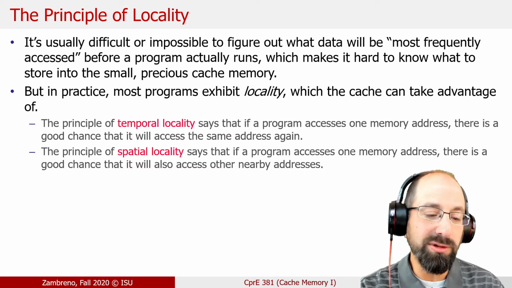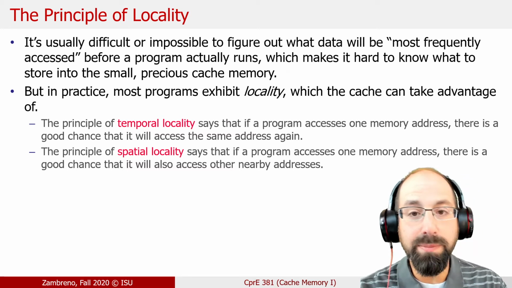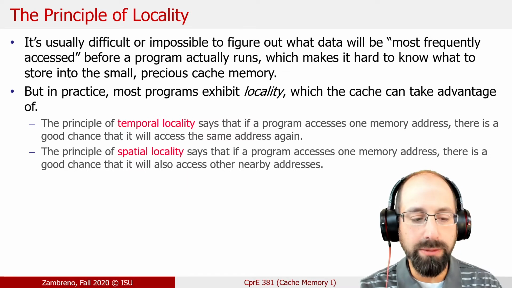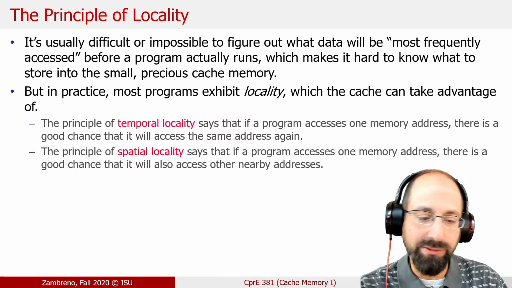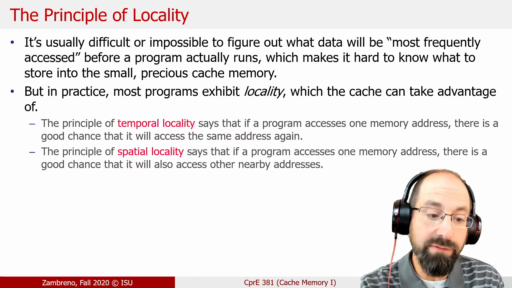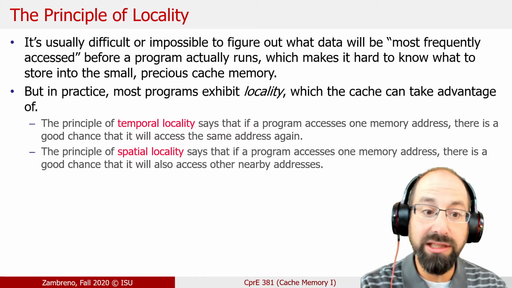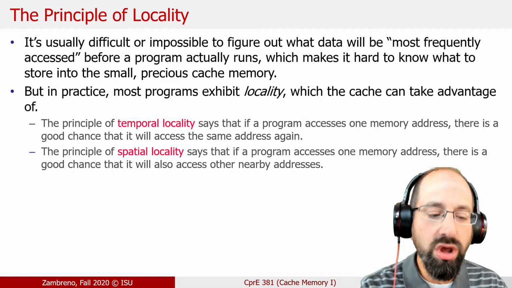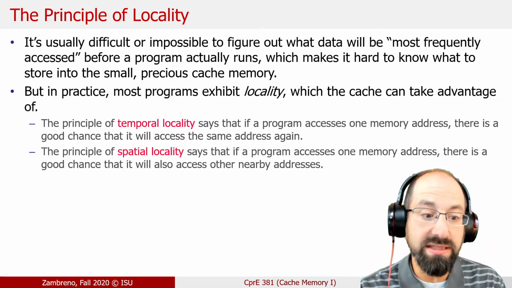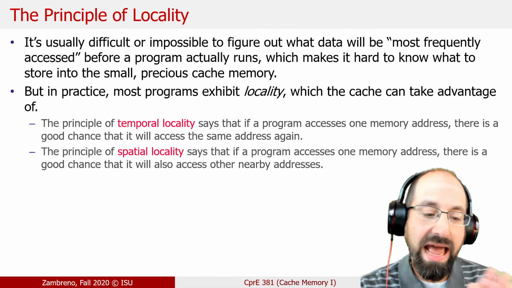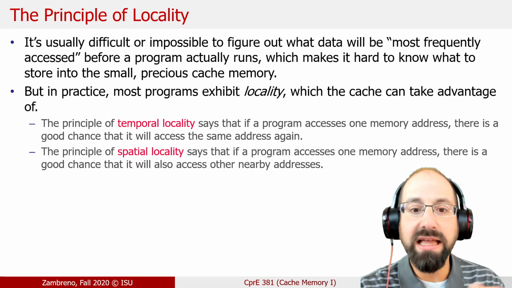It's not some immutable law. You could very easily write a piece of code that exhibits zero temporal locality. You could randomize your memory accesses and just randomly spray things around in memory, and you'd have very bad temporal locality. The likelihood of repeating an access would be quite low. Again, in practice, this is what programs tend to show. If I accessed a value in memory, I'm likely to want it again.